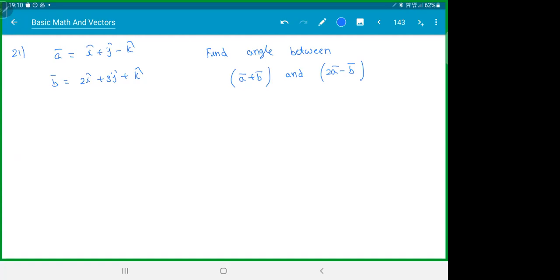Okay. Let's find this also: find the perpendicular component of a bar along b bar. Let's add that also.